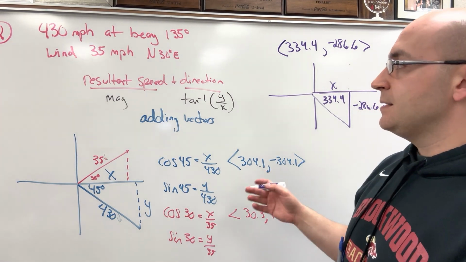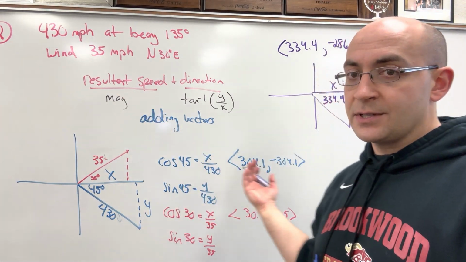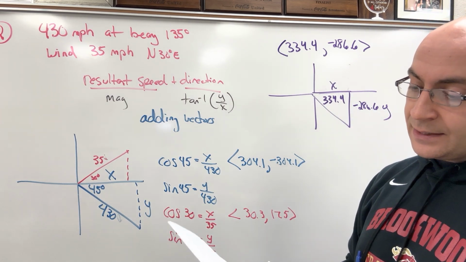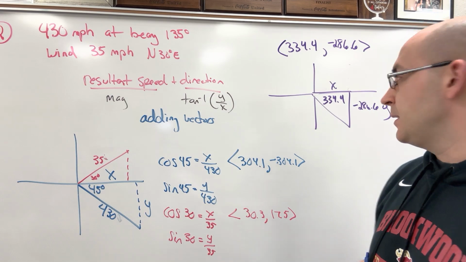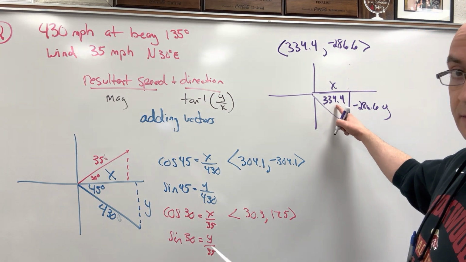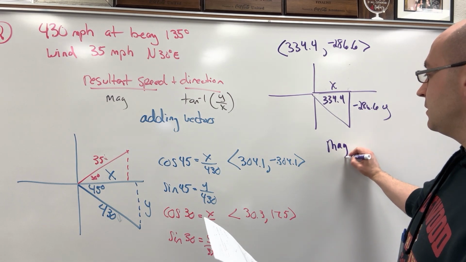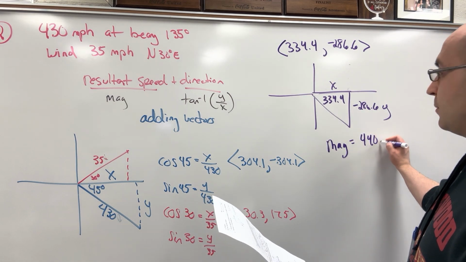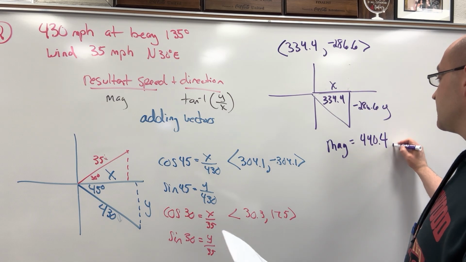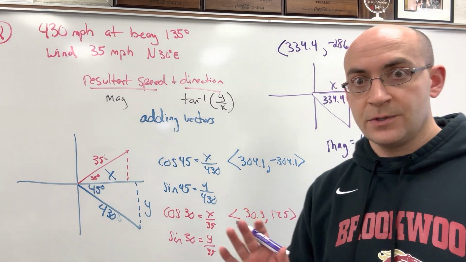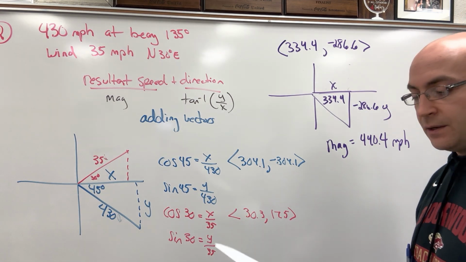It asks us to find the magnitude. I'm just going to put this into the Pythagorean theorem and solve for the magnitude. The magnitude, or the speed of the airplane, using a squared plus b squared equals c squared, is 440.4 miles per hour. So when you put that in the Pythagorean theorem, that's what you're going to get for the speed.